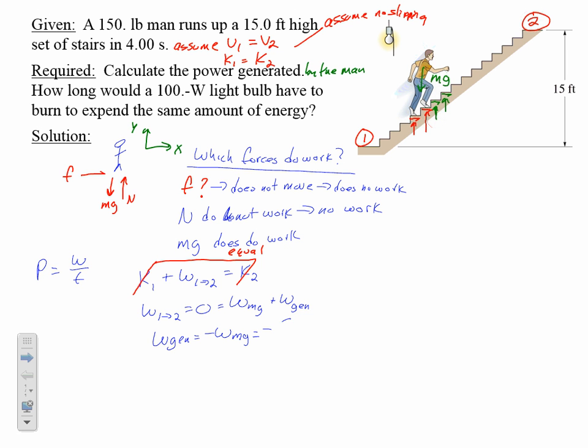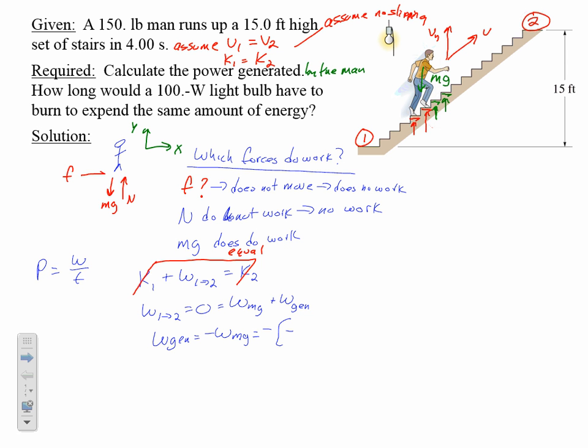It's going to be negative of the work done by gravity. The work done by gravity is actually going to be negative because the gravity force is down and the man is moving upwards, right? So he's moving up here, v. There's going to be some vy component to his velocity. So since he's moving up and the weight force is down, this gives us a negative work.